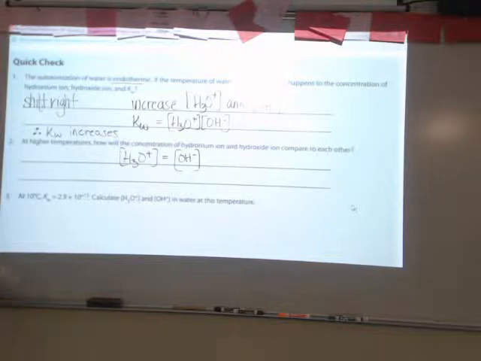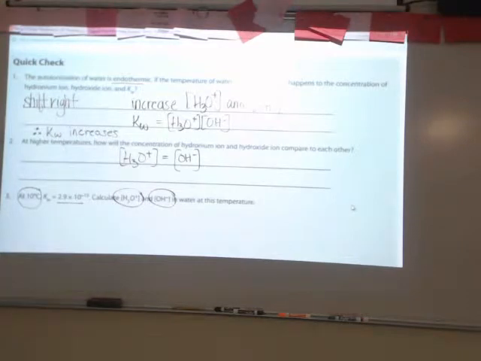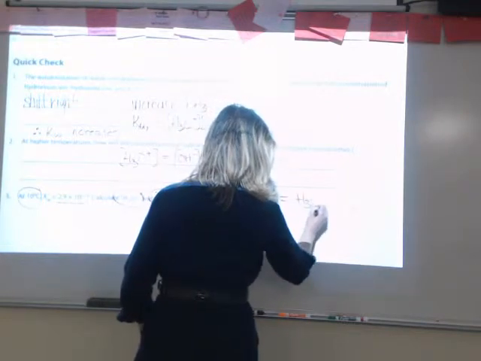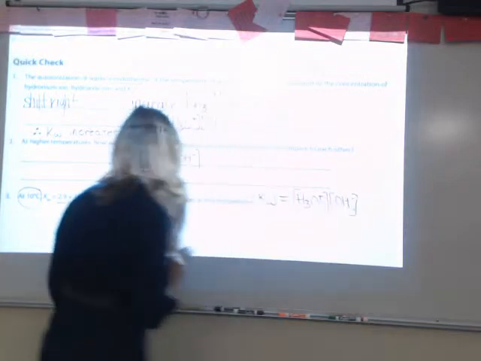Number 3, I'm at 10 degrees Celsius. My Kw is 2.9 times 10 to the negative 15th. They want us to calculate the hydronium and hydroxide ion concentrations of water at this specific temperature. So you know that the Kw equals the hydronium ion concentration times the hydroxide ion concentration.